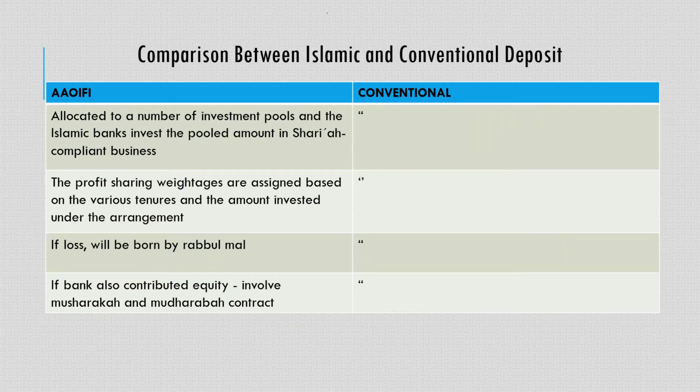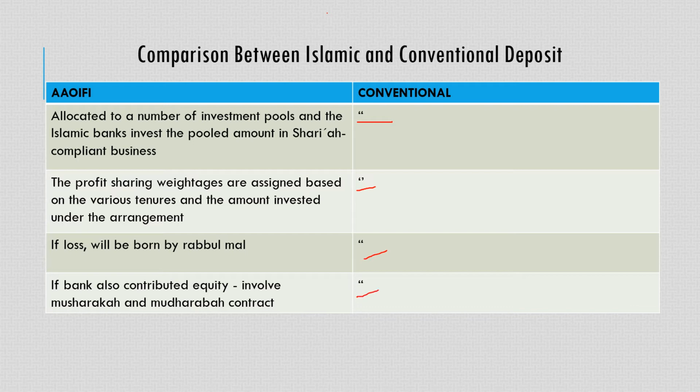Okay, so this is allocated to the number of investment pool, and the Islamic bank invests in the pool amount of Sharia compliance business. So actually, if it has this sign, it works the same way.